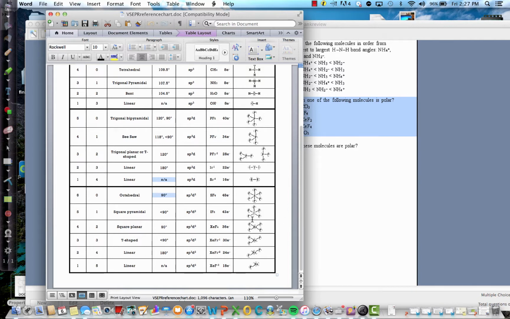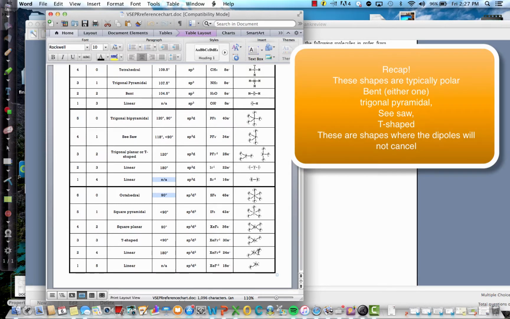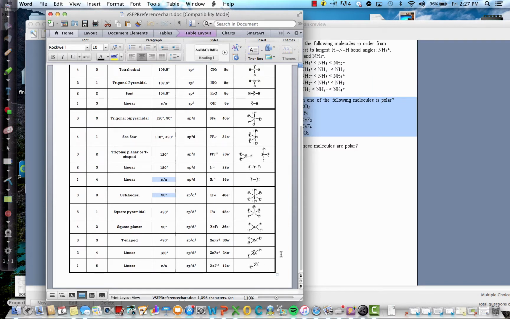Square planar will end up being nonpolar. T-shaped will end up being polar. Linear, any linear will end up being nonpolar as long as the atoms are the same. And same thing here, as long as the atoms are the same, which they're not here.